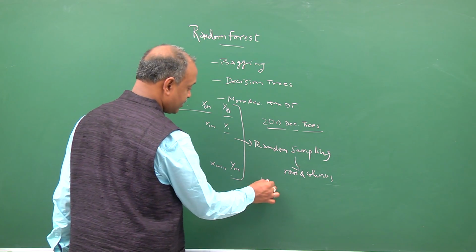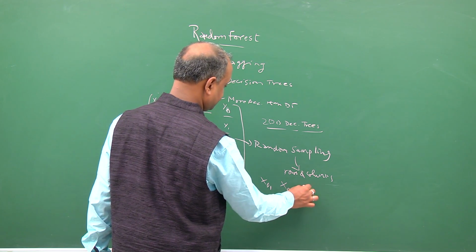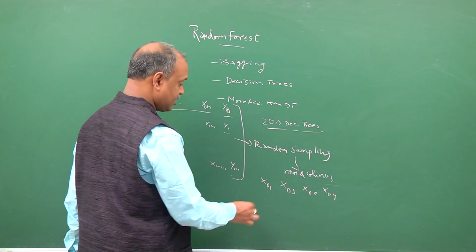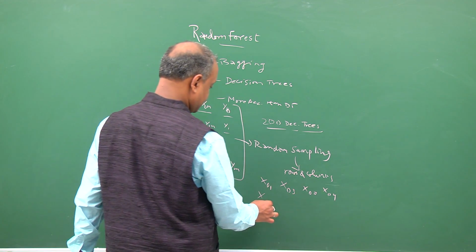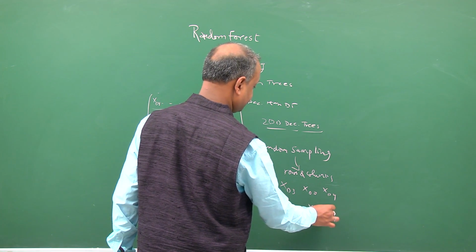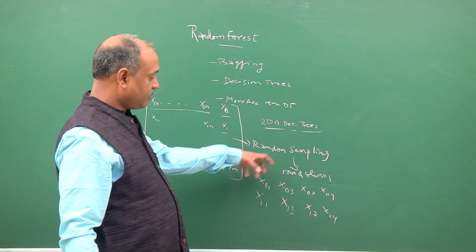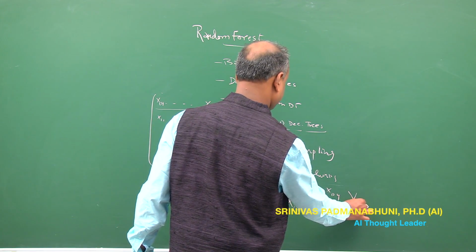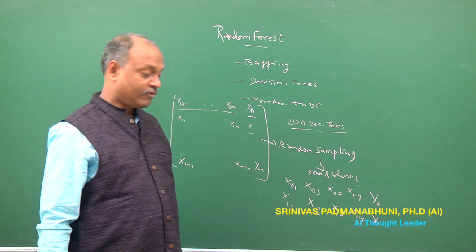So for example, I take randomly 2 rows, 4 columns, and then I append the corresponding output values.